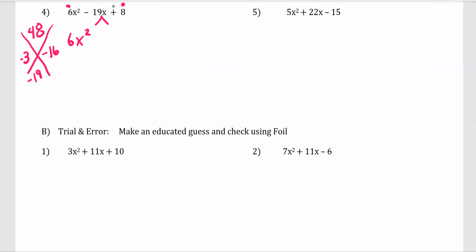And in this case, we don't have a positive number here, so we're going to have to write negative 19x as negative 3x minus 16x. And when we factor by grouping, we need to attach that negative to the 16x.